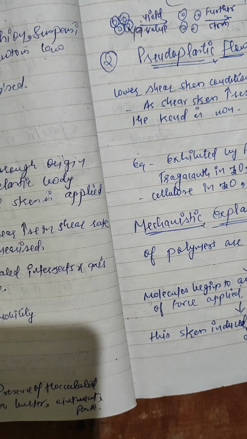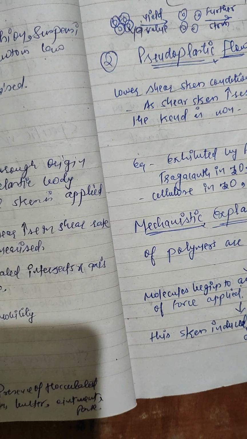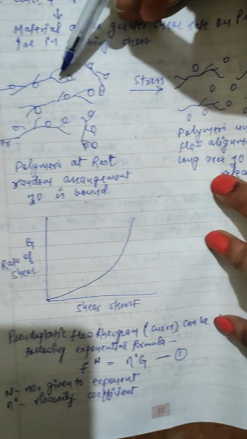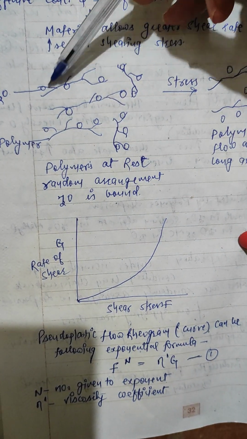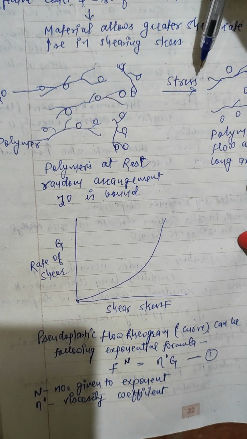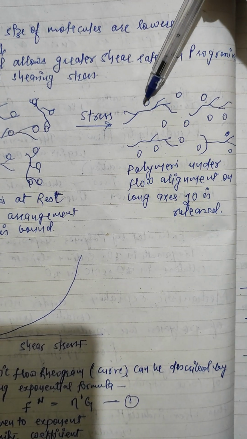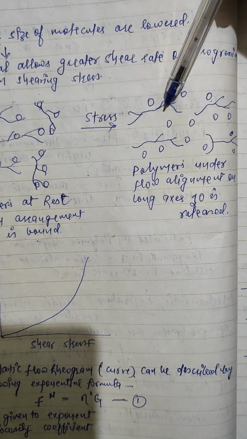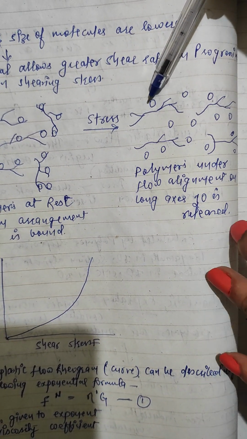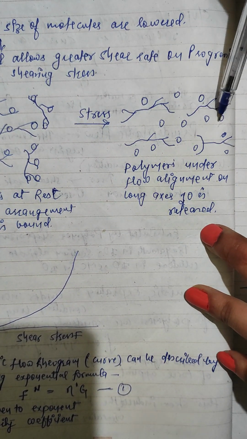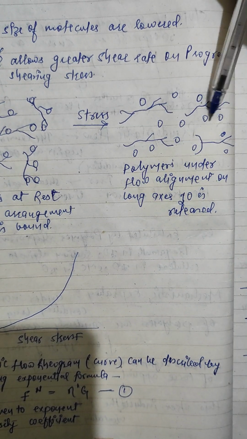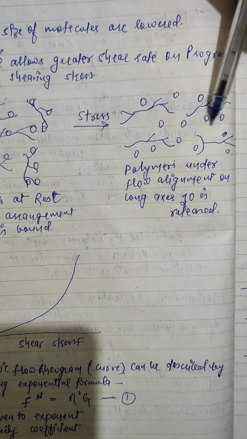But when you apply the shear stress on it, the molecules attached in the chain arrange themselves. Here you can see the molecules randomly arranged in a chain. When you apply a small amount of stress, the molecules of the ketchup orient themselves in the direction of the applied force. Then further it starts to flow.